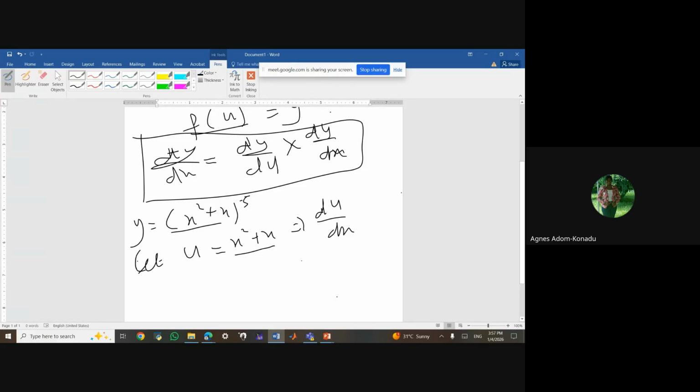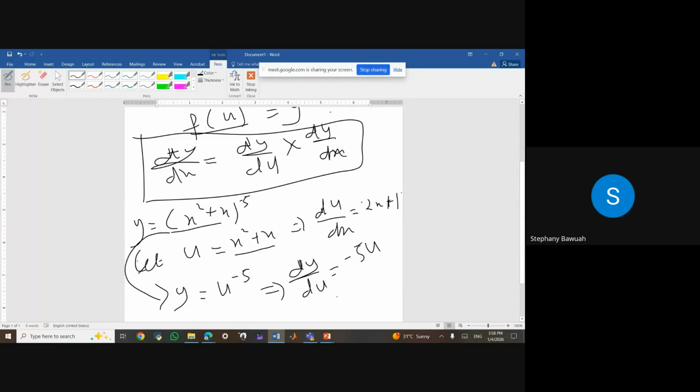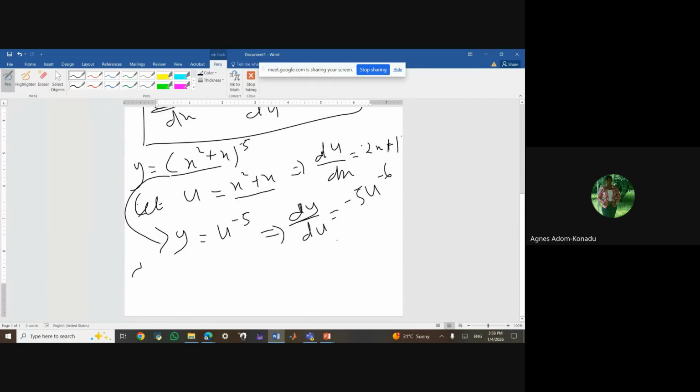When I differentiate with respect to x, I get 2x plus 1. Now my y will be u to the power -5. Let's differentiate y with respect to u. I get -5 u to the power -6.